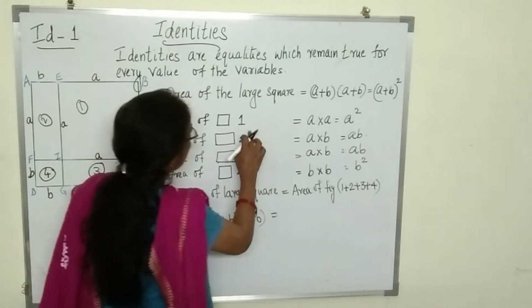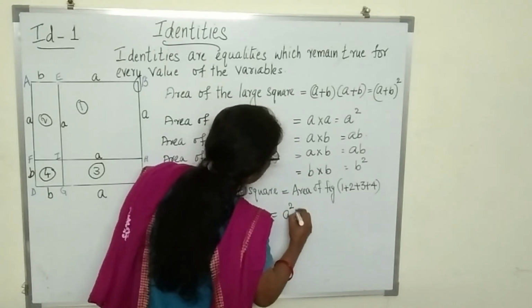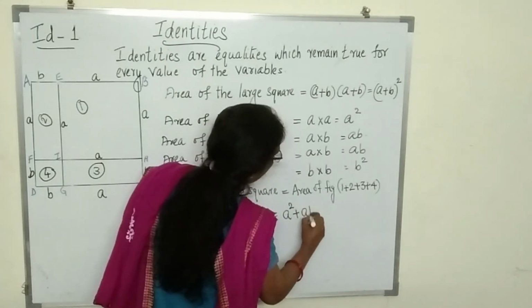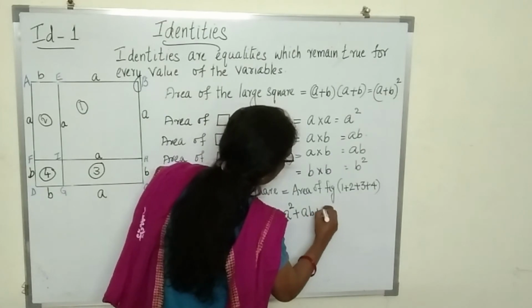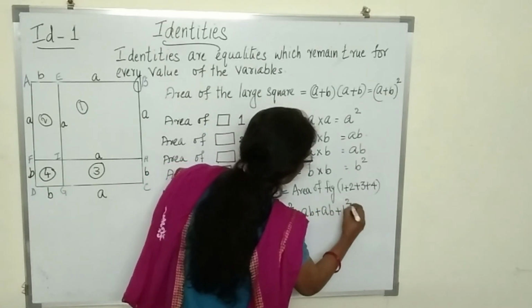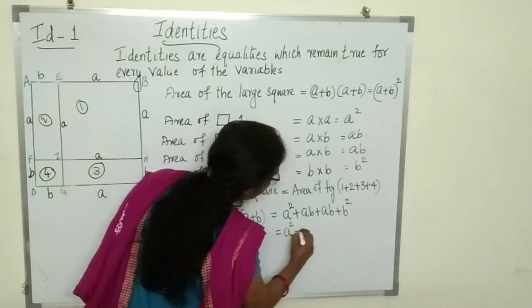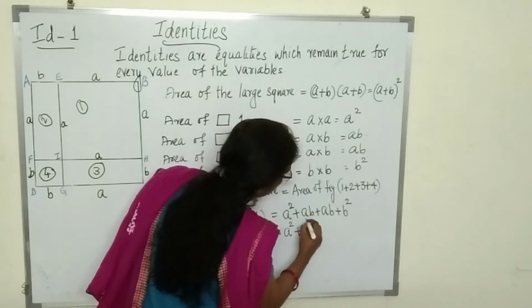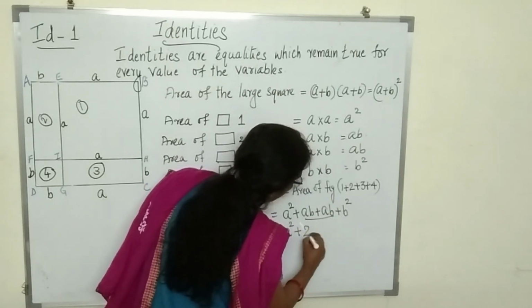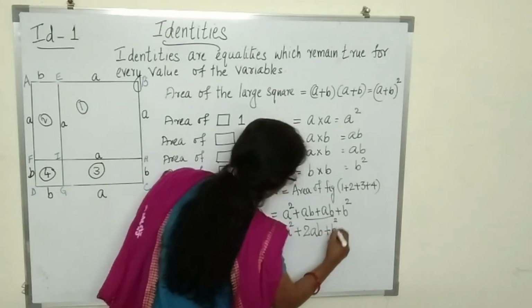What is the area of figure 1? A square. What is the area of figure 2? AB. 3 is also AB. 4 is B square. So we get A square plus, what is AB plus AB? 2AB, plus B square.